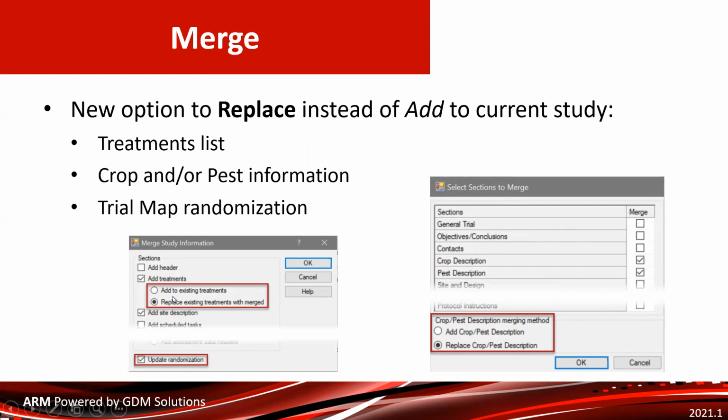So if you would like, you can replace whatever treatment list you have in your current study to bring in the treatment list from the other trial that you're merging in. Same thing for crops and pests, and you can also update your trial map randomization. So these are just options for the merge to give more flexibility in how you bring information in from another study.